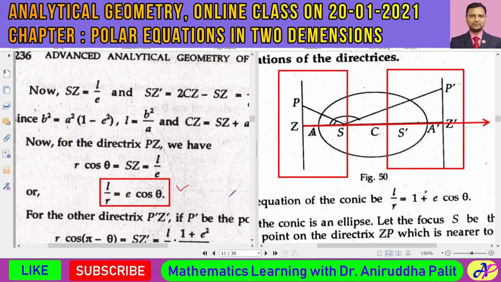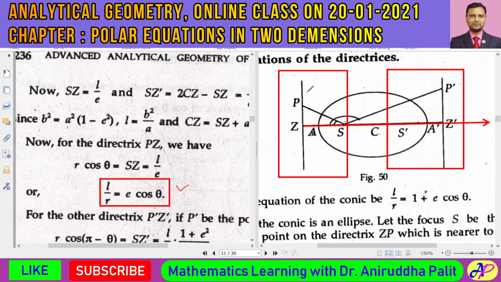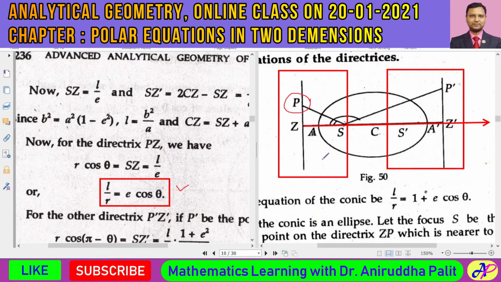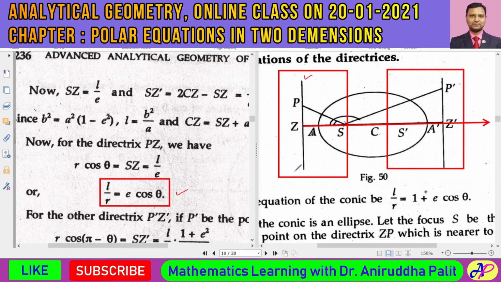This is actually a relation between R and theta, and that is obtained by considering an arbitrary point on this straight line, that is actually the directrix. Got it? Therefore, the equation of this nearby directrix would be L by R is equal to E cos of theta.